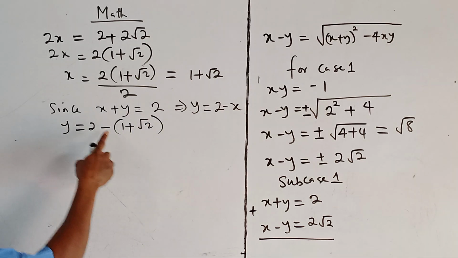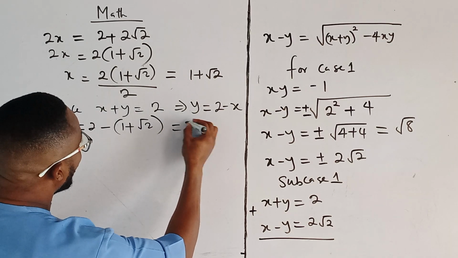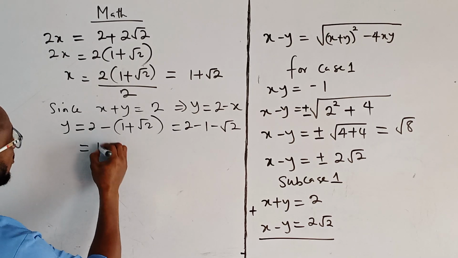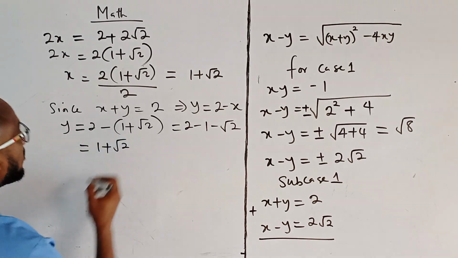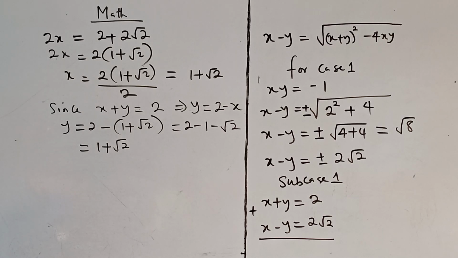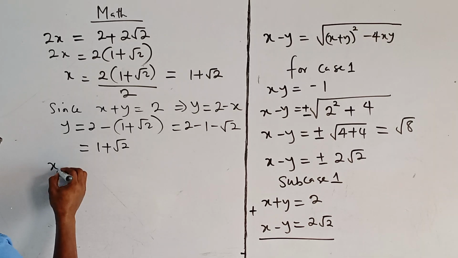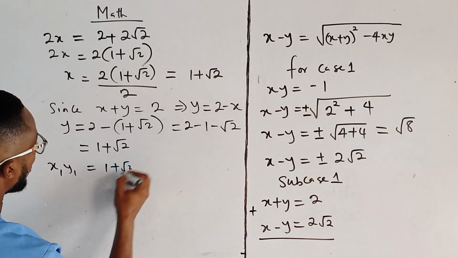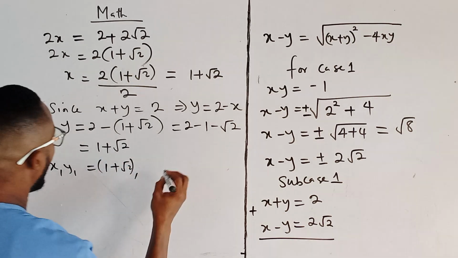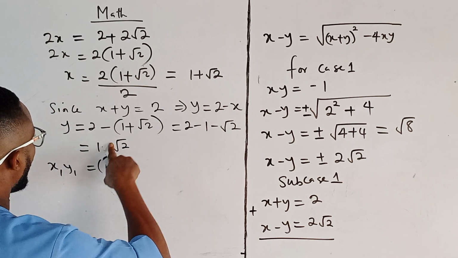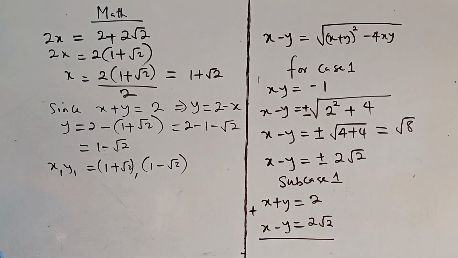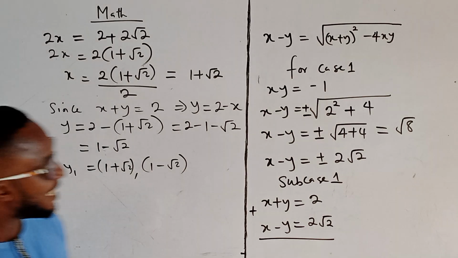So if I open this parenthesis, I'll then be having 2 minus 1 minus rad 2. And that's going to be 1 minus rad 2. So this is the first value for y. So I can then say x1, y1 equal to 1 plus rad 2, comma, okay, it's actually a minus sign, very sorry, then 1 minus rad 2. We are done.